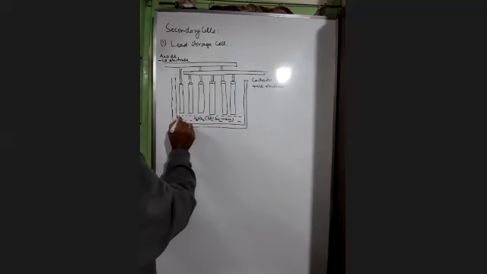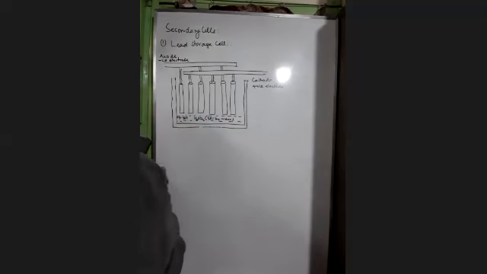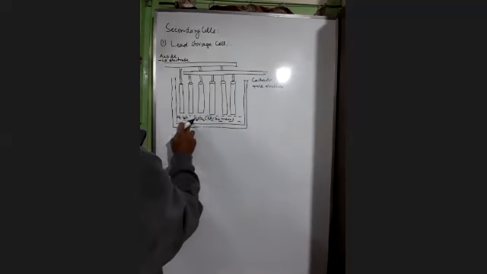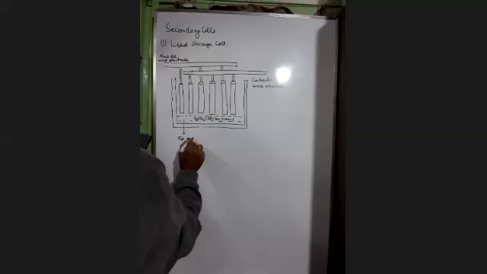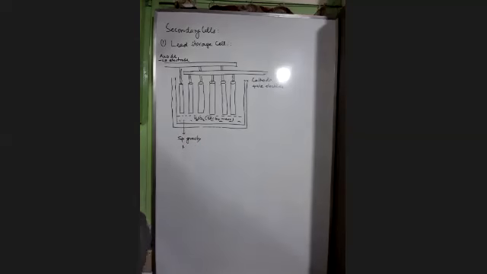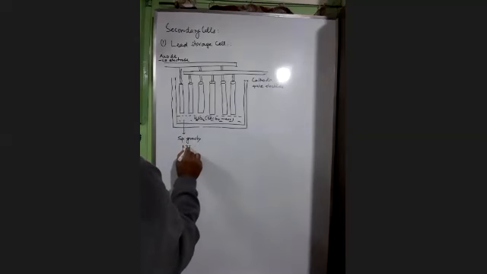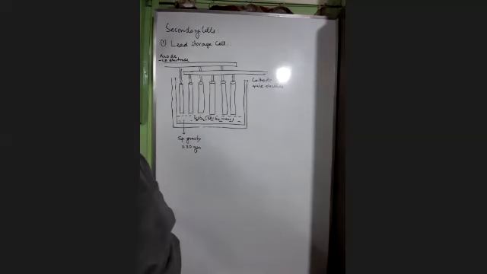Specific gravity or density is 1 point... I'll write down, too small is the note. Specific gravity is 1.30 grams per ml.